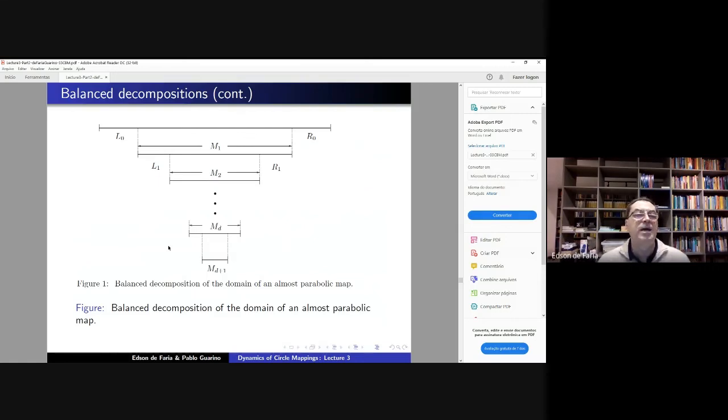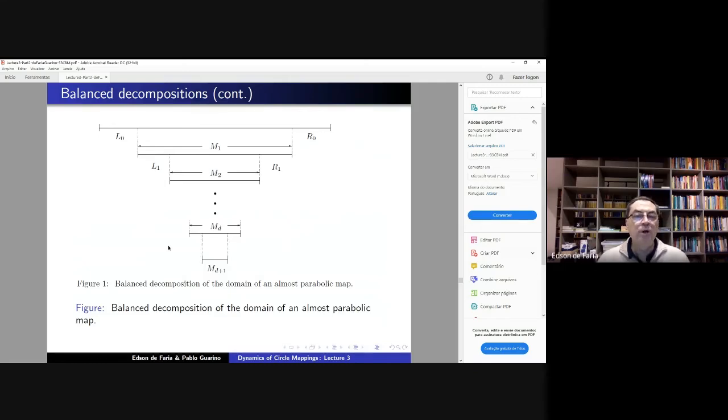It's the domain of the map phi, okay? And then L0 and R0, the one on the left and the one on the right, the big ones, are just single atoms. They are single fundamental domains for your map, okay? So you take the one on the left and the one on the right. That's L0 and R0. And then they leave an interval in the middle, which is M1, okay?